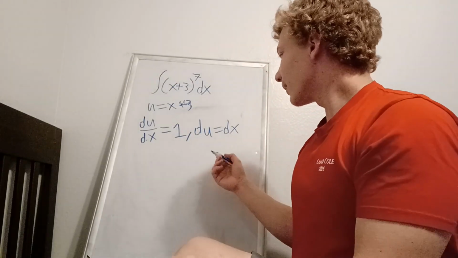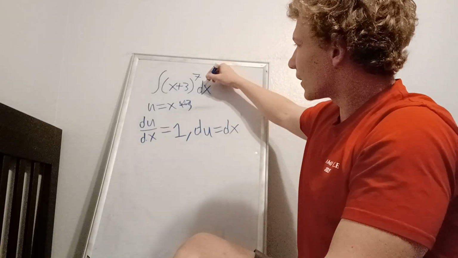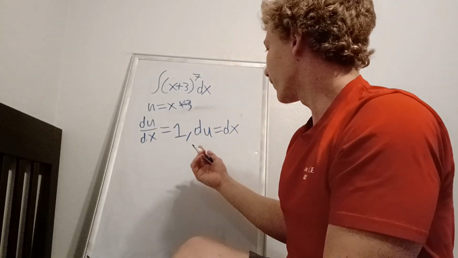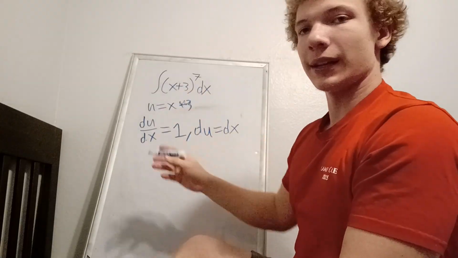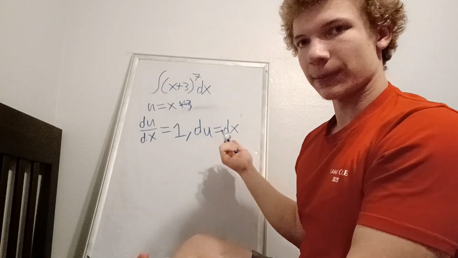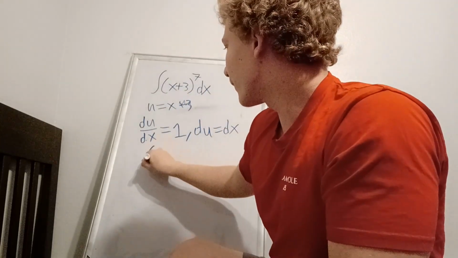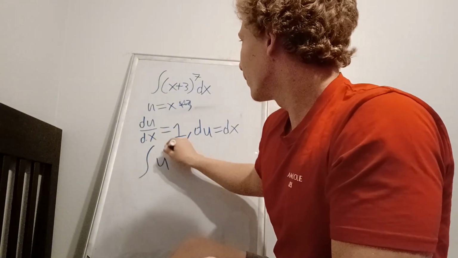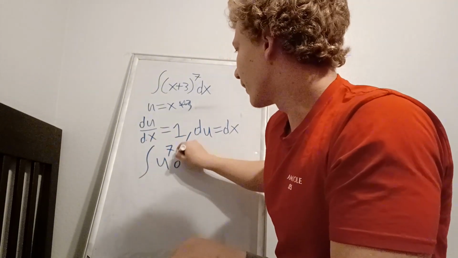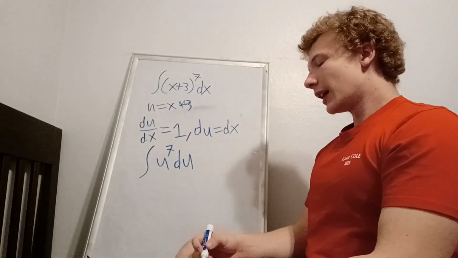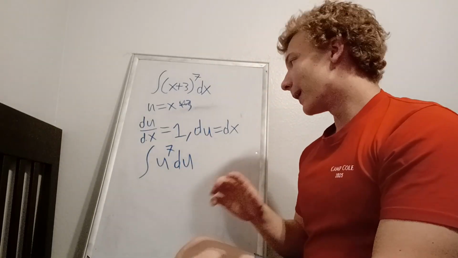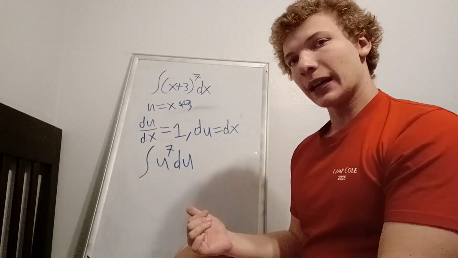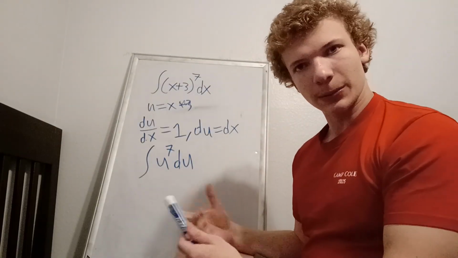Now from here, we can replace this dx with a du. And then this x plus 3 is a u because u equals x plus 3. So we have this new integral of u to the 7th du. Now this is a much nicer integral to look at because we know how to do this already. I talked about this in the last video.